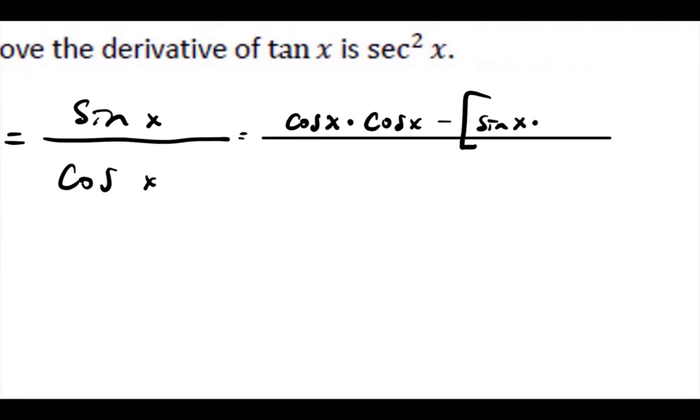What's the derivative of cosine? We just learned that. If you're not sure, look at my wheel over there, which you should have on your paper somewhere. Negative sine, or -1 times sine, over bottom squared.